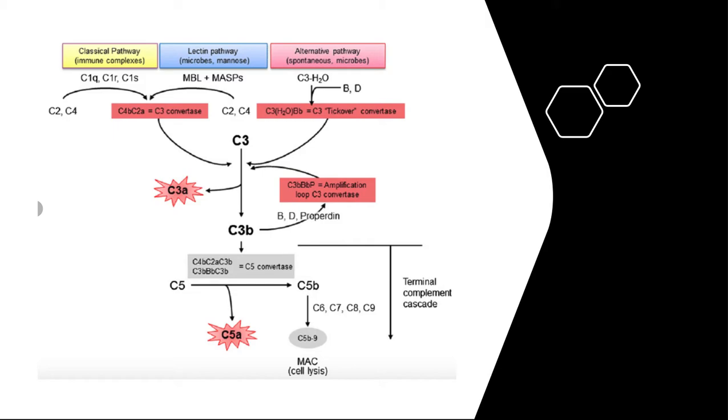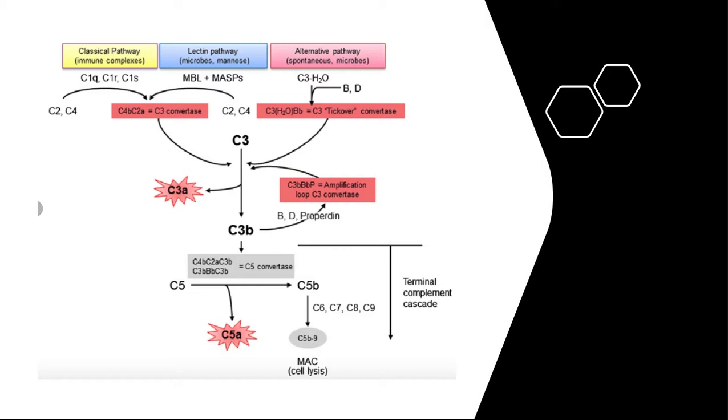Complement proteins are present in inactive forms in the plasma, and many of them are activated to become proteolytic enzymes that degrade other complement proteins, thus forming an enzymatic cascade capable of tremendous amplification. The critical step in complement activation is the proteolysis of the third component, C3.